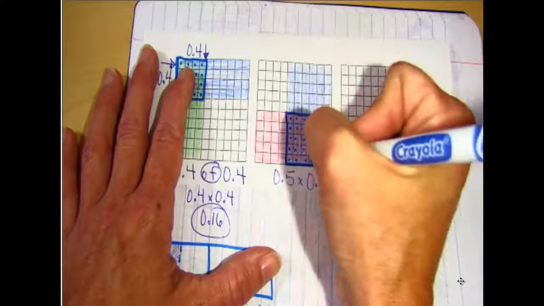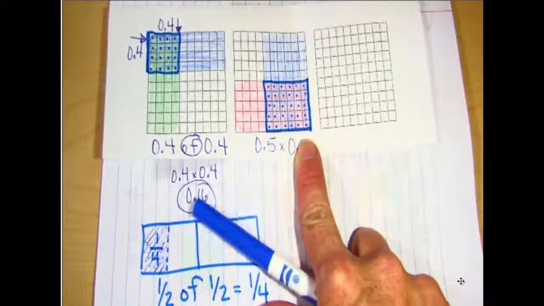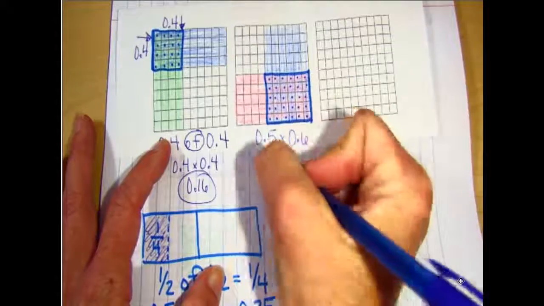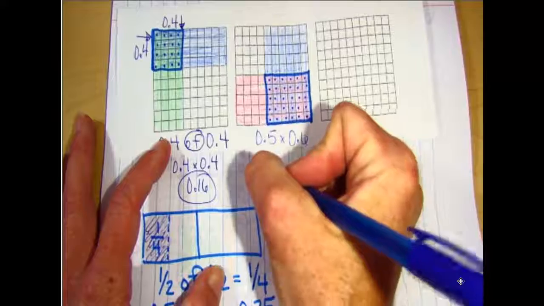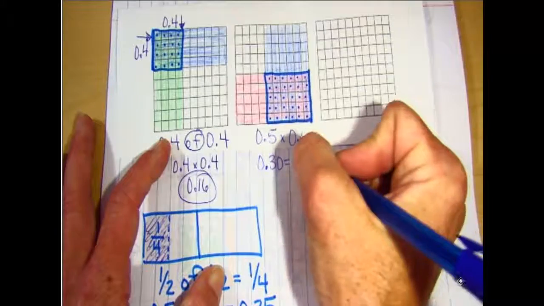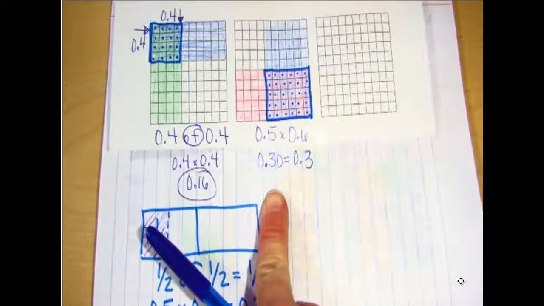I can multiply the length times the width and find the area of any rectangle. That's my answer. And 30/100 is equal to 3/10. Do you see, friends?